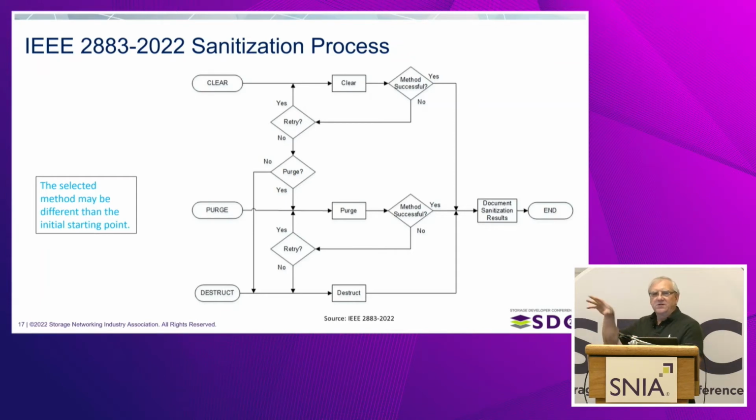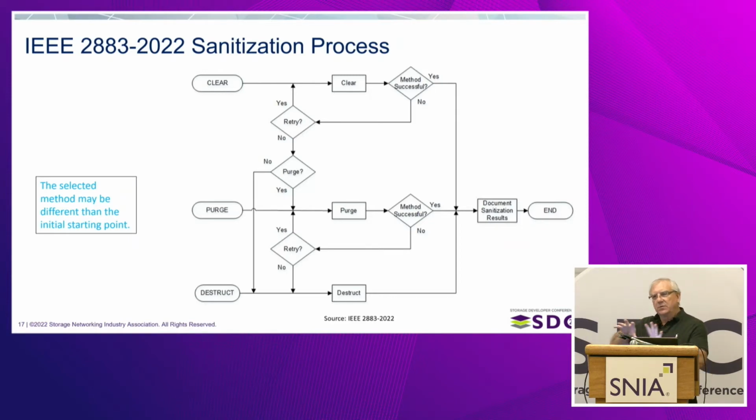And the way this is designed is, that may not be enough sanitization for this situation, so let's try a purge. And again, you go through that. Well, it may be that the drive, you can't degauss it and encryption wasn't used. So in that case, a purge wouldn't be a usable mechanism, which then drops you down into a destruct mechanism.